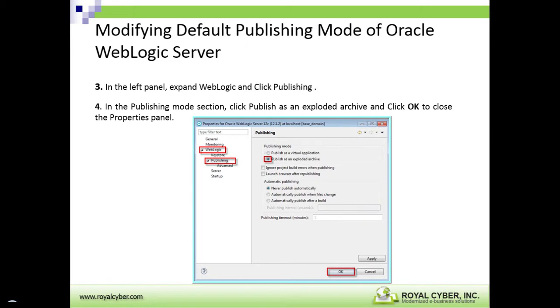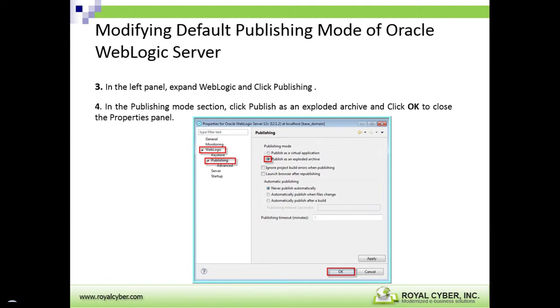Simply right click on the server and open the properties, and on this slide you can see, expand the publishing option and click exploded archive and click the OK button. So this will modify your publishing mode.